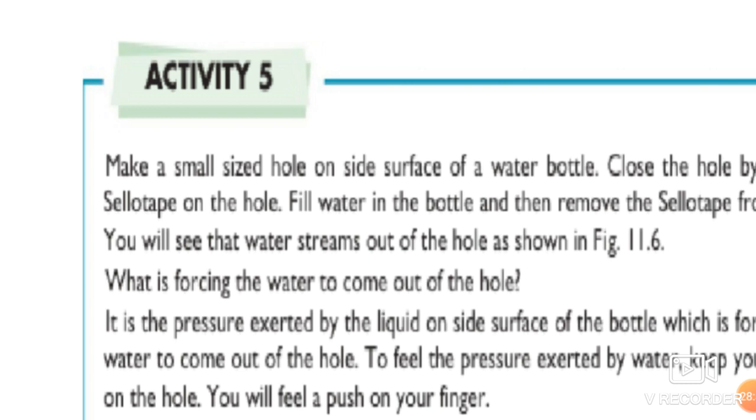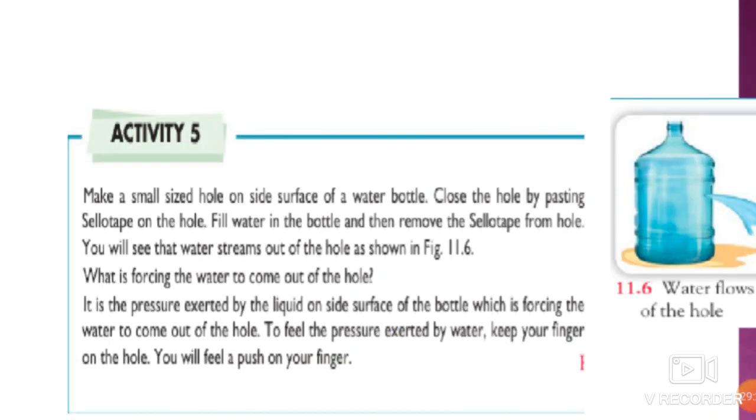That is the pressure exerted by the liquid on the wall of the bottle. When you open that hole, the liquid goes out of the bottle with pressure. So it is the pressure exerted by the liquid on the surface of the bottle which is forcing the water to come out of the hole.